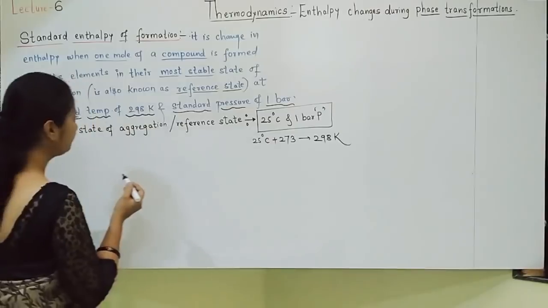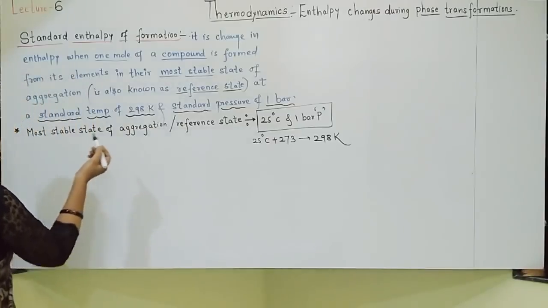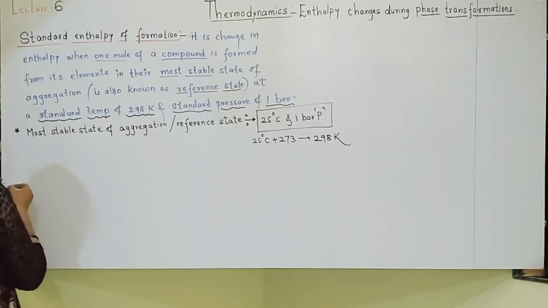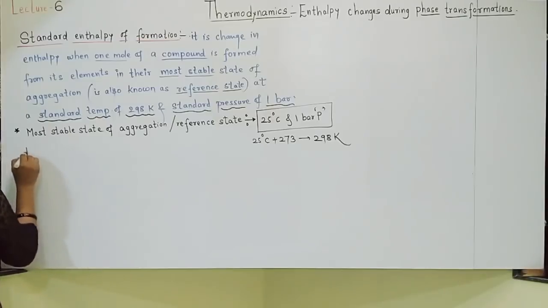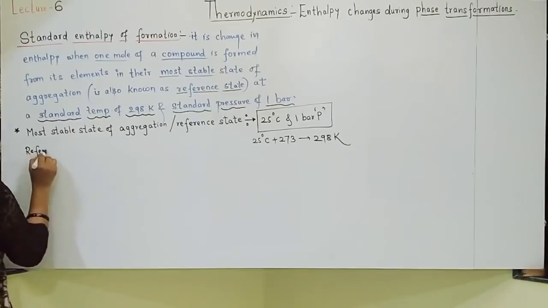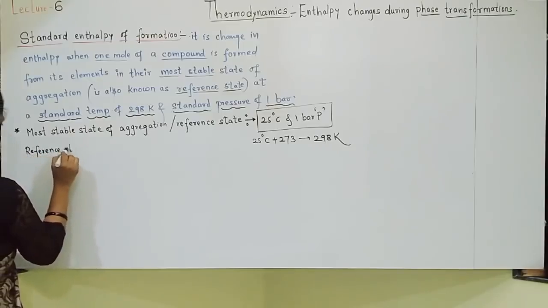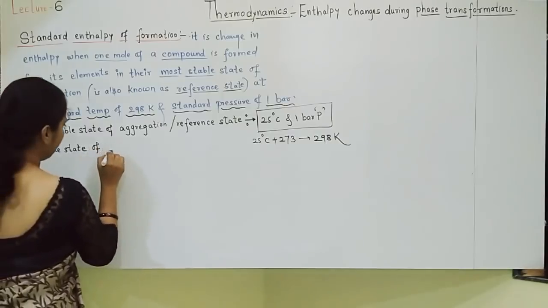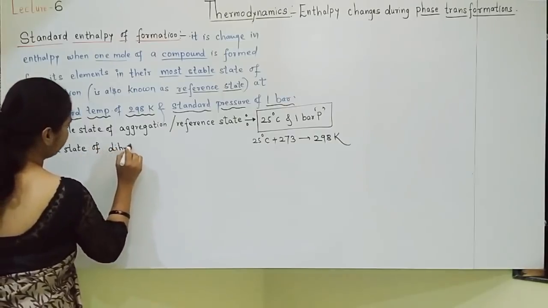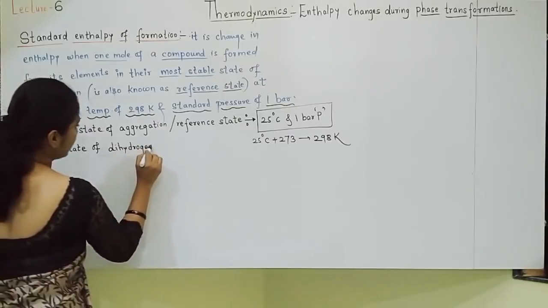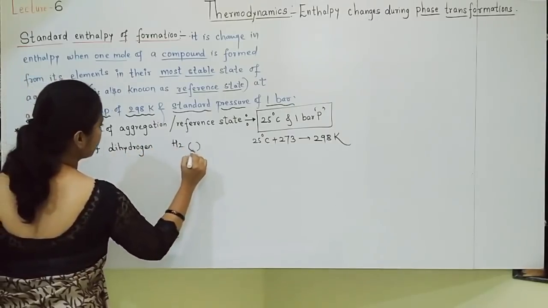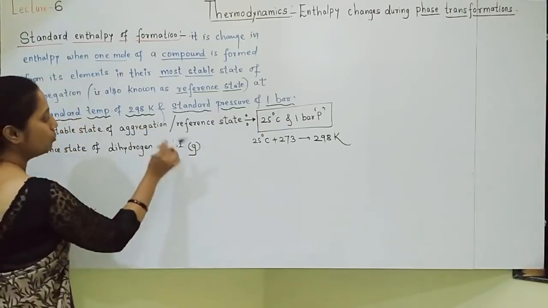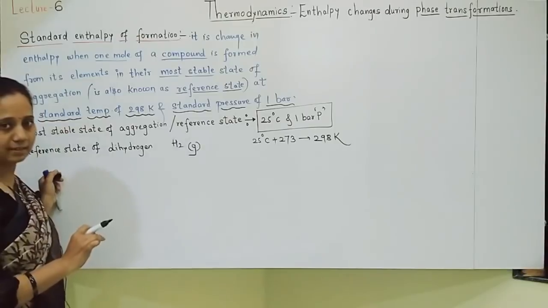Now let us take an example so you will understand. The reference state of dihydrogen is H2 gas. What do you mean by reference state? The most stable state.